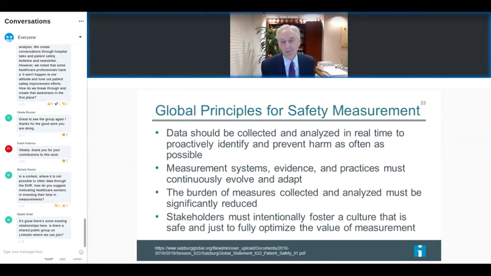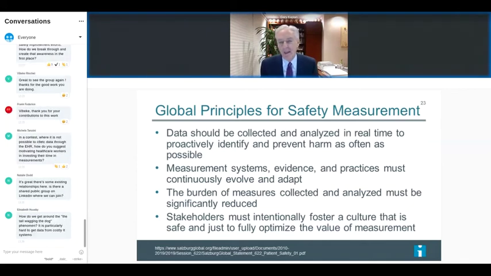If we want to measure in real time, we have to make it easier to obtain the data and then to analyze the data and reduce the burden of measurement, or we won't have the support of the people we need to actually implement and operationalize this data for improvement and change in improving the health and well-being of the people we serve.